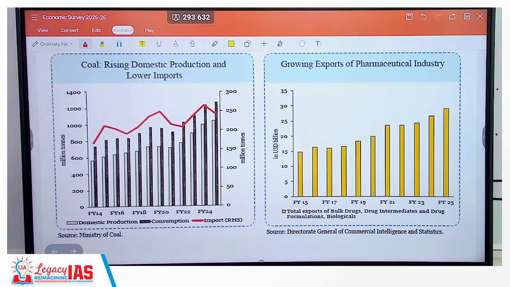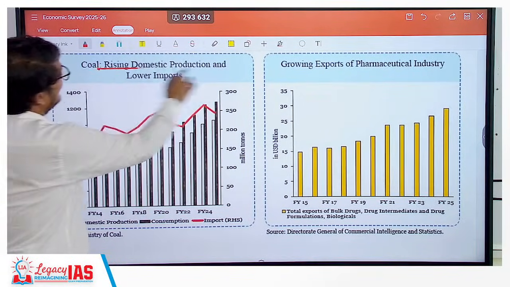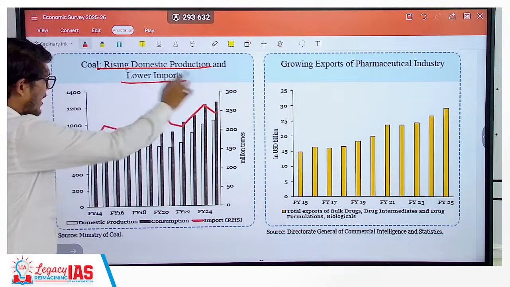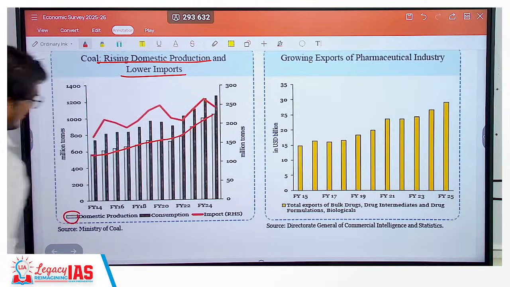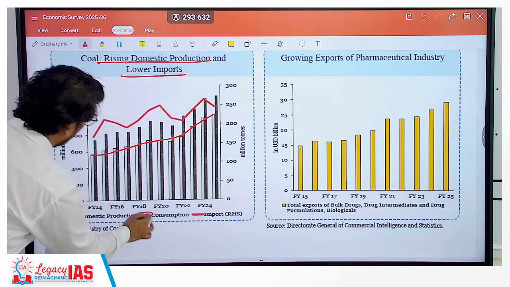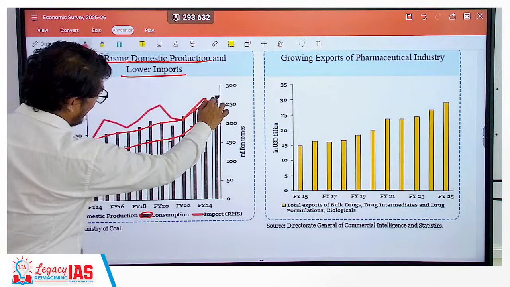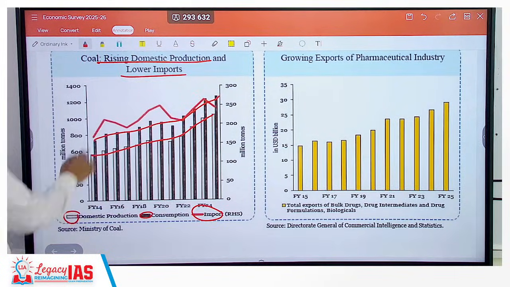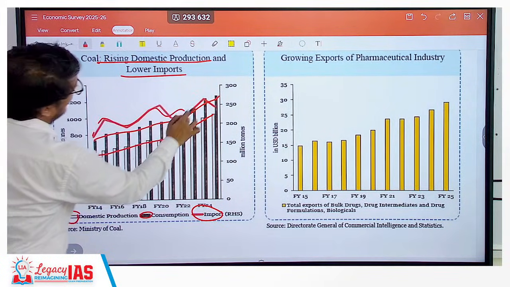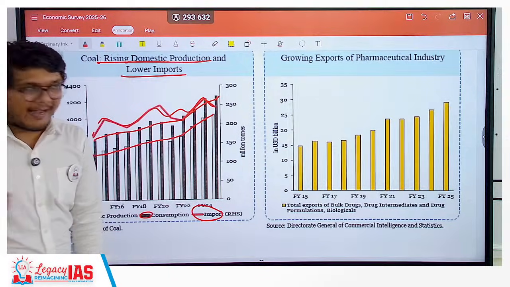Then similar is the case with the coal, rising domestic production and lower imports. So you can see the domestic production is light gray. So domestic production has increased, whereas this is consumption. Consumption has also increased, but the import has not consistently increased. In fact, there have been ups and downs over here, right? Why is that possible?